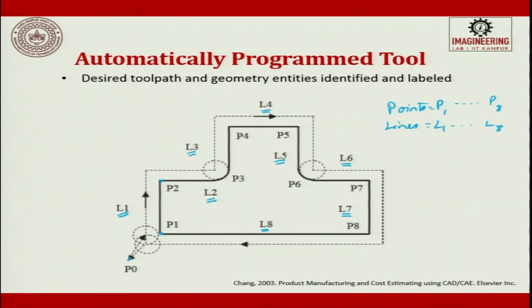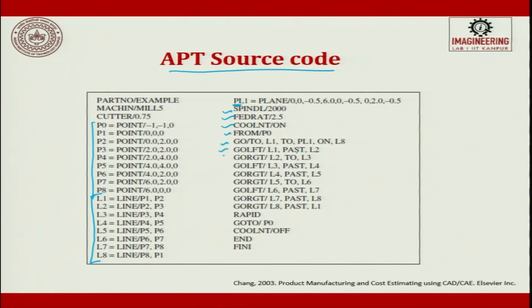So, L2 you have to cross, so that you go to this point, this is L2, and then you go right of L2 to L3, then go left of L3 past L4, go right of L4 past L5, go right of L5 to L6, go left of L6 past L7, go right of L7 past L8, go right of L8 past L1. So, if you watch closely, it talks about how the tool will move to get to that profile.